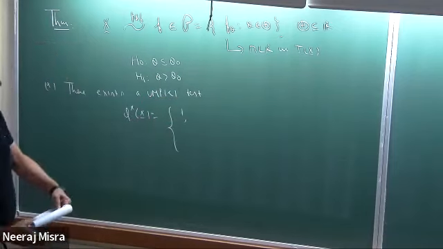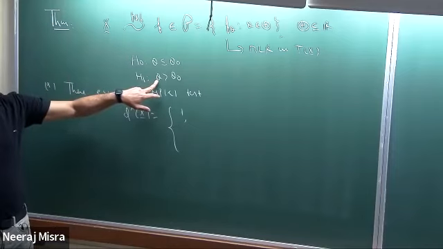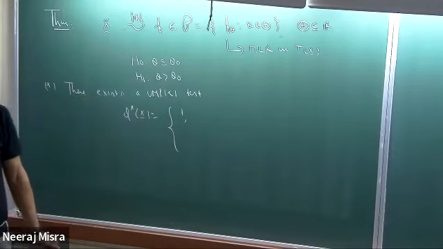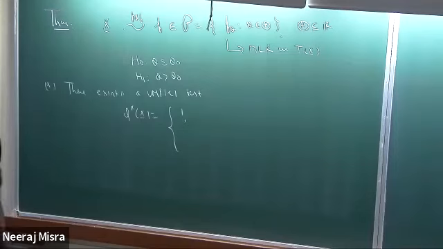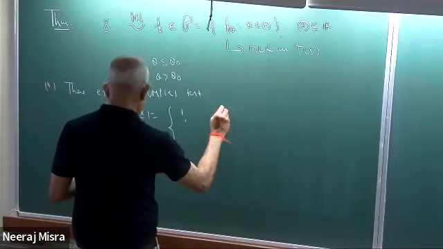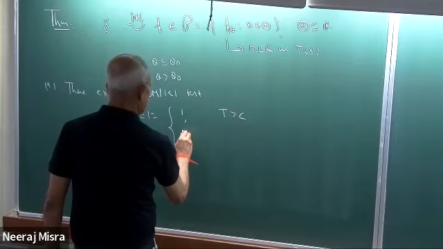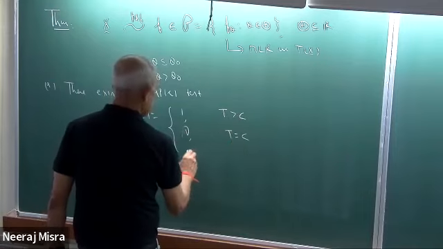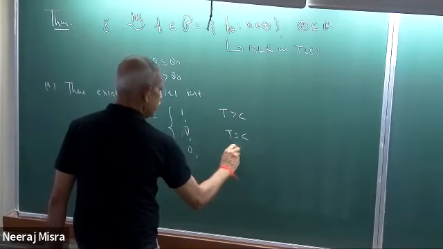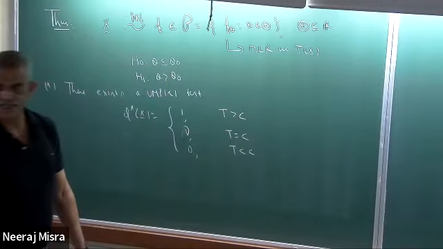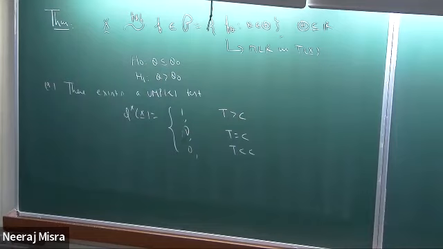is equal to 1. Of course, here, since you have MLR and under the alternative you have larger values of theta, you would reject for larger values of T. So 1 if T is greater than c, gamma if T is equal to c, and 0 if T is less than c. And how do you choose this c and gamma?